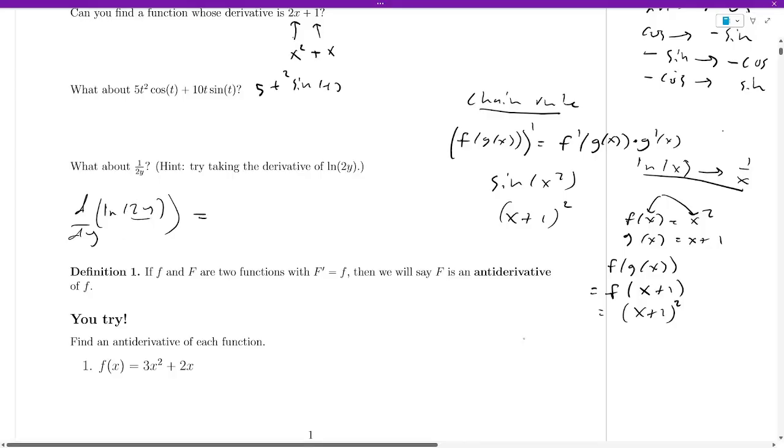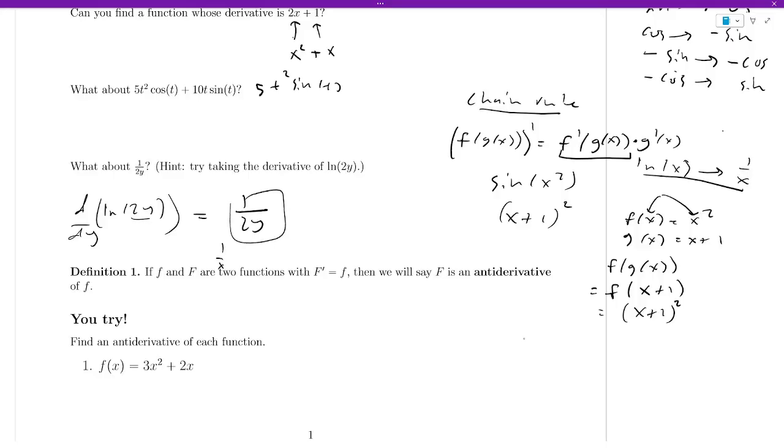So I'm going to have 1 over the inside, that's 2y. That 1 over 2y is this part. I did f prime, 1 over x, but then I plugged in my inside function, which was 2y. So it's 1 over 2y instead. I'm putting that 2y wherever the x would be.